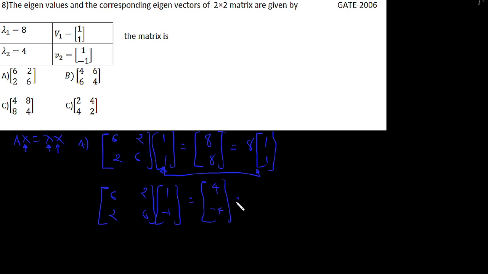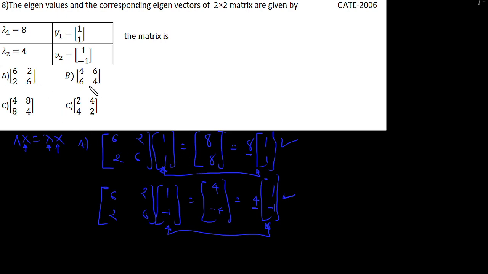You can again take out 4 and get the same vector that we multiplied with this matrix. So these both vectors are the same. So we can say that if the eigenvalue is 8, the eigenvector is this one, and if the eigenvalue is 4, then the eigenvector is this one for this matrix. So option A satisfies this condition.